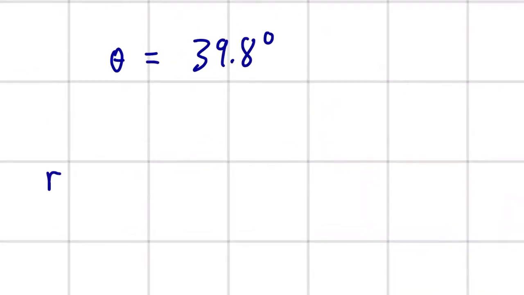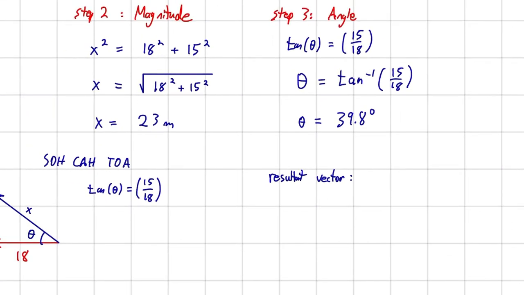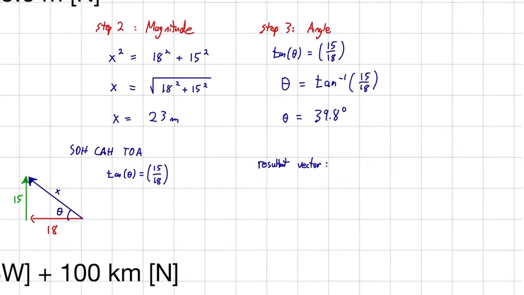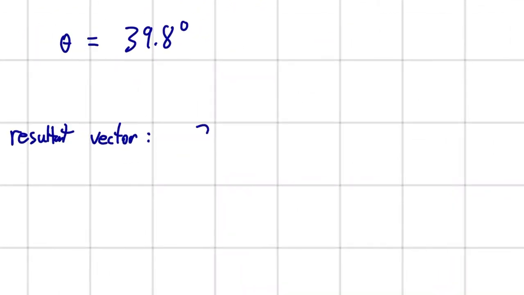So for our final answer, the resultant vector, well, we have a magnitude, 23 meters, and we have a direction. So let's write the magnitude first. We have 23 meters. And what's the direction?